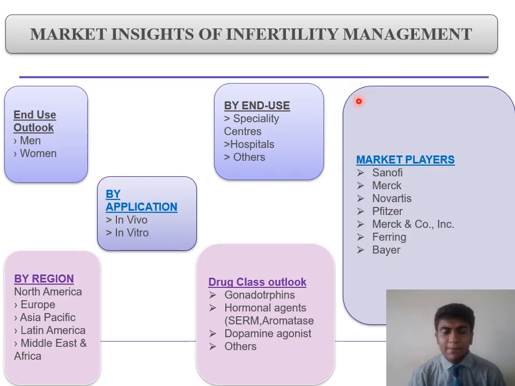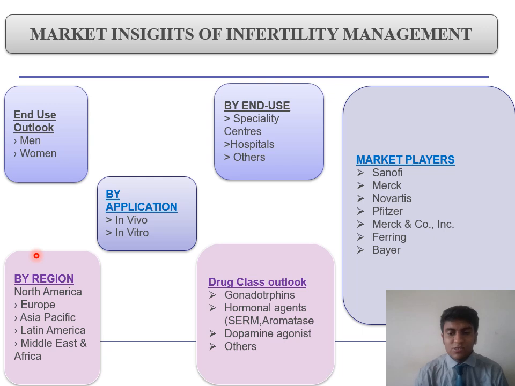You can see the market insights on fertility management. The end use outlook can be either men or women, and nowadays even same-sex couples are part of infertility management. Then there is the application of in vivo and in vitro.